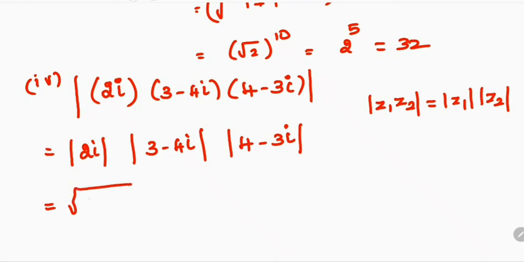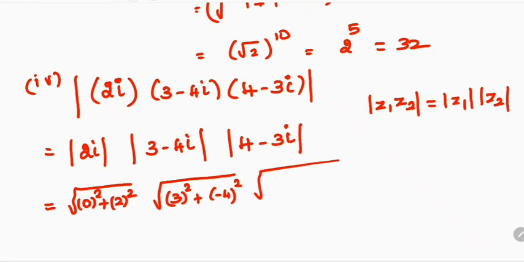It's the square root of 0 squared, the real part is 0, plus the imaginary part 2 the whole square. Next, the modulus of 3 minus 4i is the square root of 3 squared plus minus 4 the whole square. And the next one is the square root of 4 squared plus minus 3 the whole square.